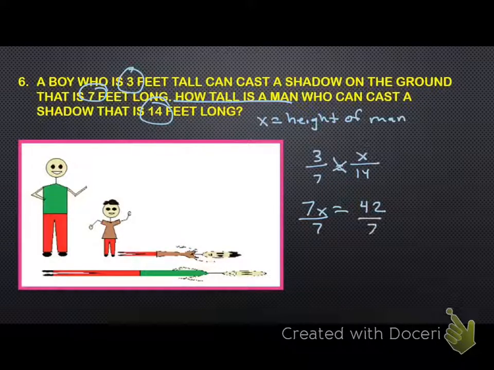Divide by 7. X equals 6. Does that make sense? Yeah. The man is 6 feet tall. Makes complete sense, doesn't it? If you would have told me 37.5 feet, I think we'd have to question your sanity.